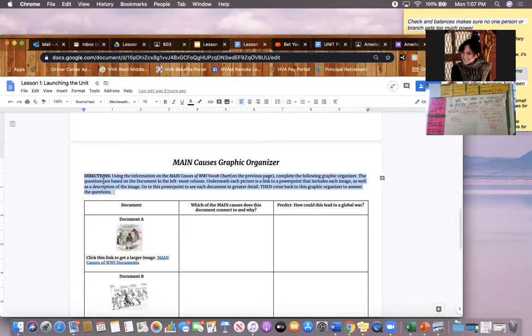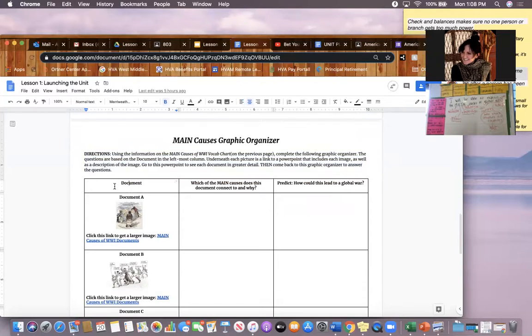Using the information on the main causes of World War I vocab chart, that's the previous page, complete the following graphic organizer. The questions are based on the documents in the leftmost column. Underneath each picture is a link to a PowerPoint that includes each image as well as a description of the image. Go to this PowerPoint to see each document in greater detail. Then come back to this graphic organizer to answer the questions.